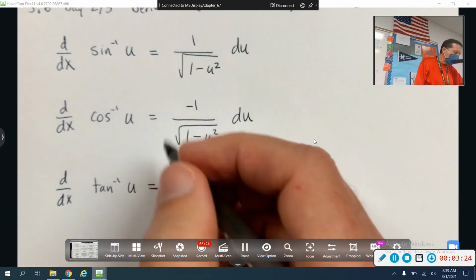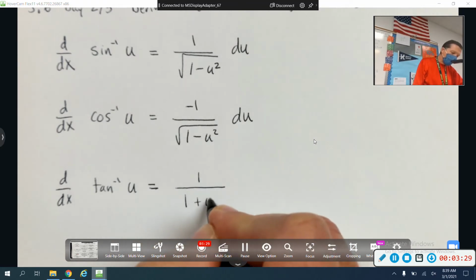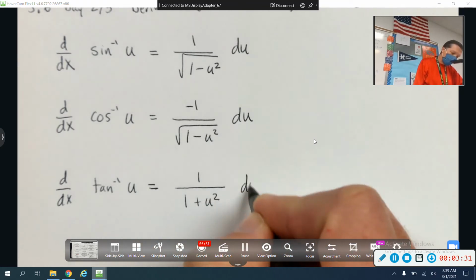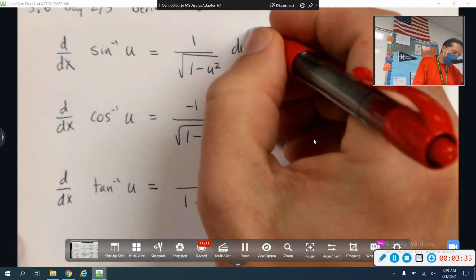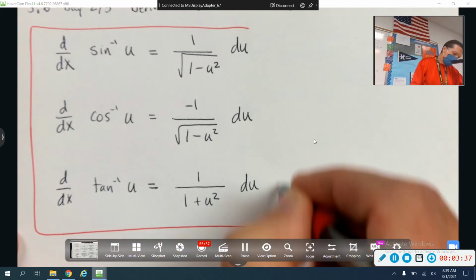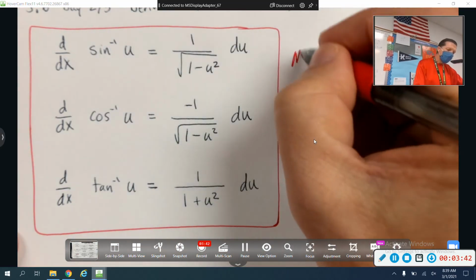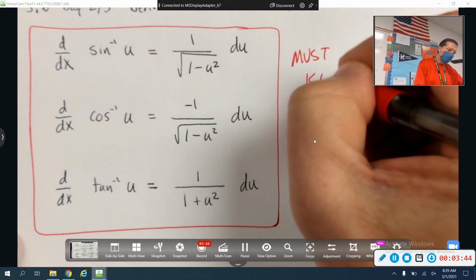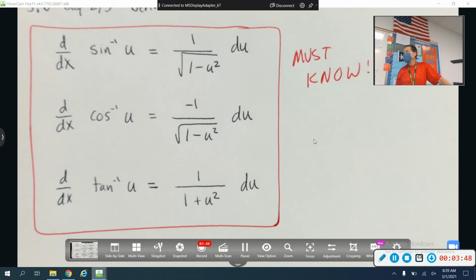Tangent's usually more complicated. But the derivative of inverse tangent is 1 over 1 plus u squared, du. Again, you just got to add that to the list of derivatives that you know.